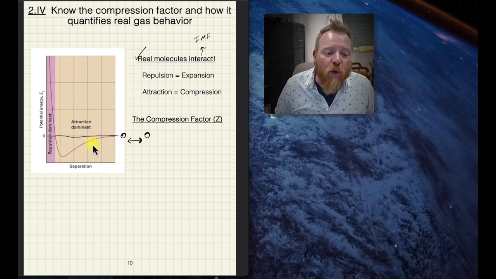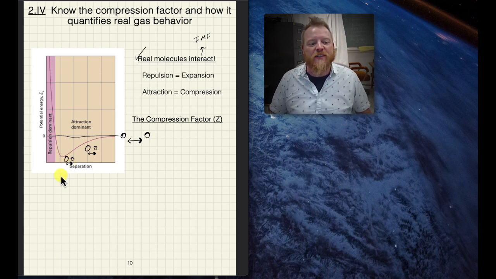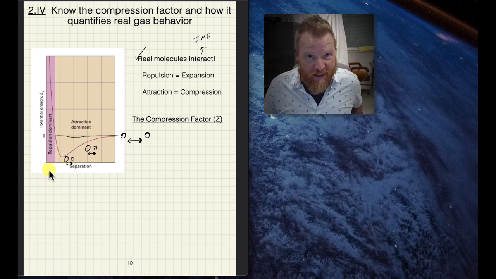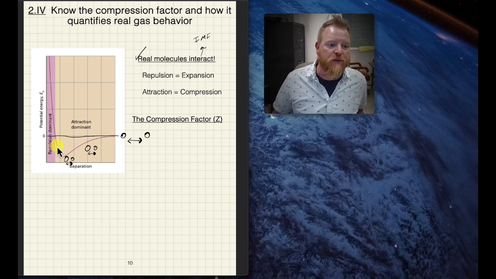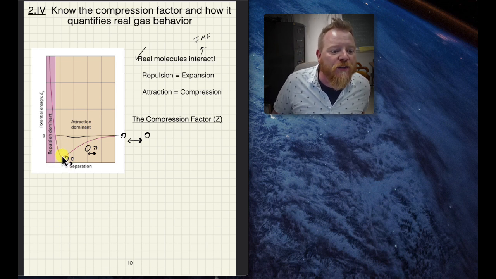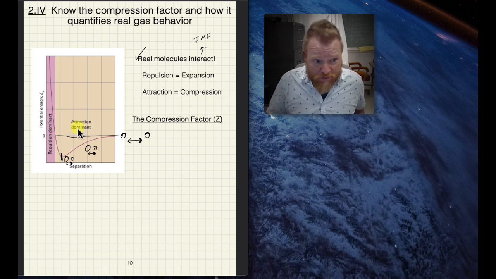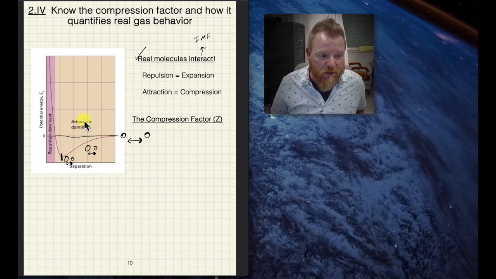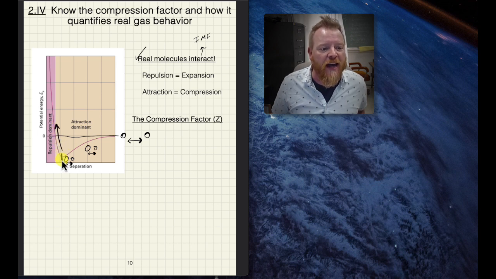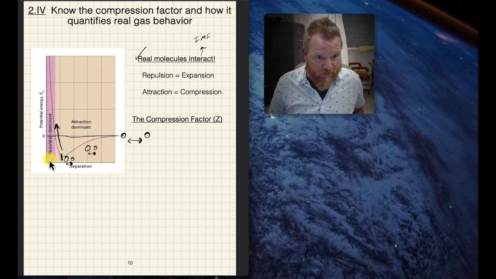But as we force them to get closer together, right? So now they're getting closer and closer, right? And it's important to note that this is not showing bonding, right? This is intermolecular forces. There will be a certain critical separation that gives you a maximum attraction, okay? And if we try to squeeze them too close together, then the repulsions will begin to dominate.